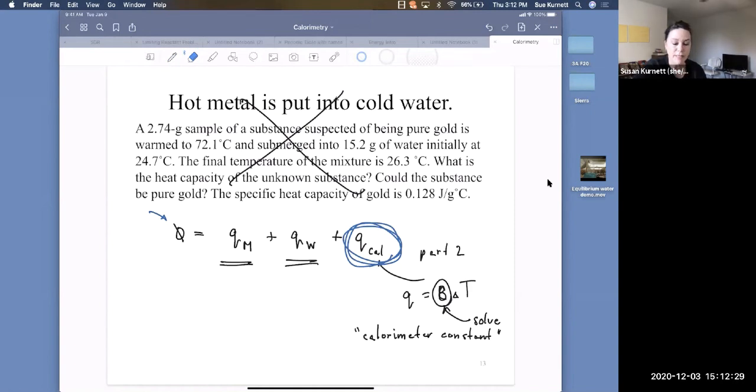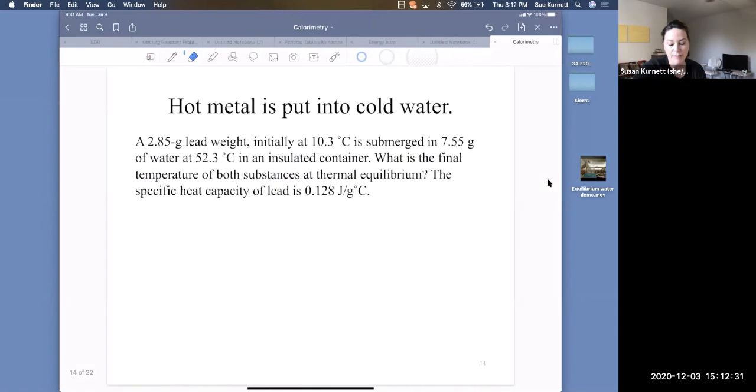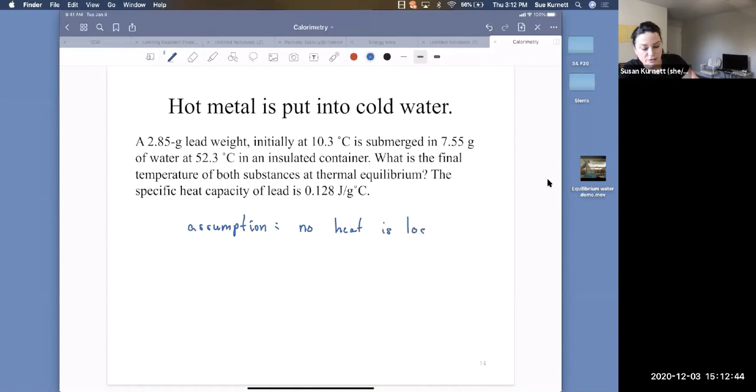But whenever we have lecture problems, we're going to be making an assumption that's a good assumption, and that is no heat is lost to the surroundings. So there's no coffee cup calorimeter constant that has to be considered for a problem that's in lecture. In lab, which is real life, we have to consider that because it's real.